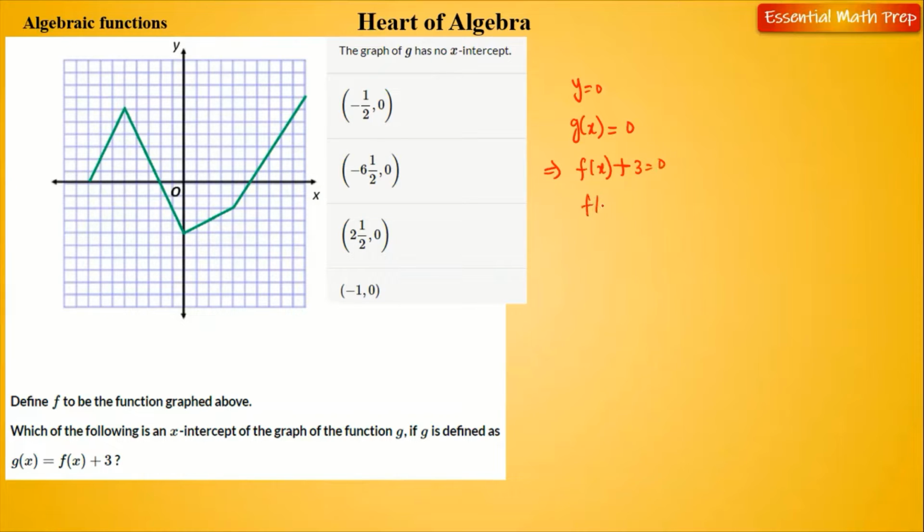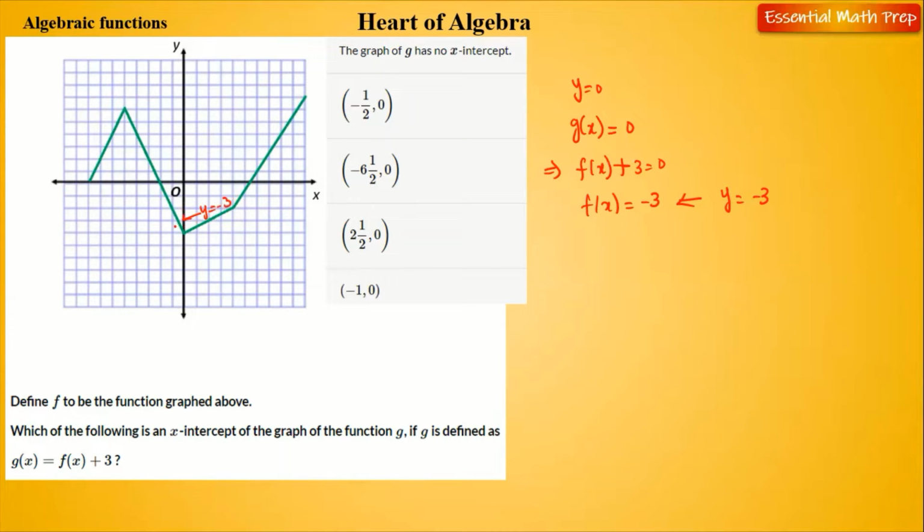So f of x equals -3, right? So 1, 2, 3, this is y equals -3.